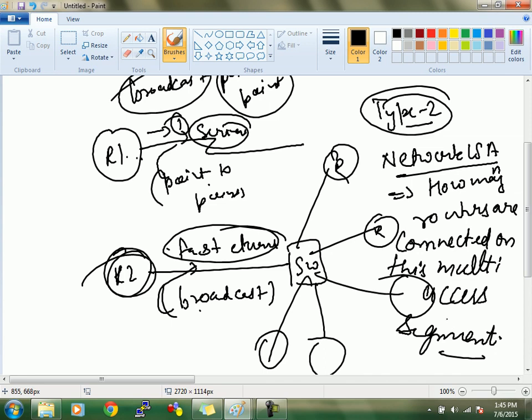In case of serial, this information was stored in type 1 LSA. But in case of broadcast media, if I store this information in type 1 LSA, type 1 LSA will be very long. Just to make my type 1 LSA small, I have built one more type of LSA that is called type 2 LSA. Type 2 LSA will keep the information of how many routers are connected on this multi-access.